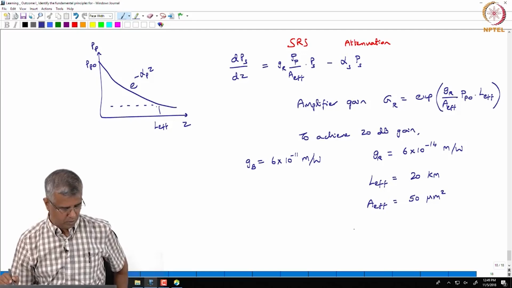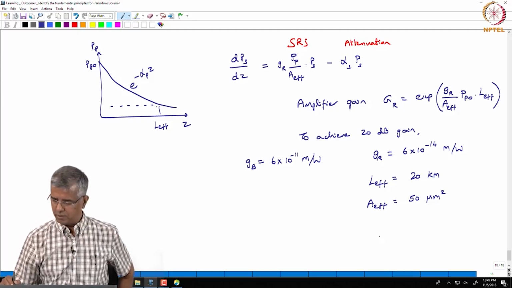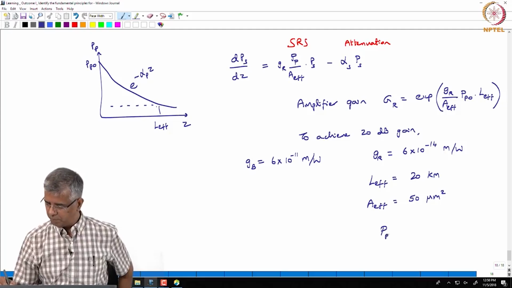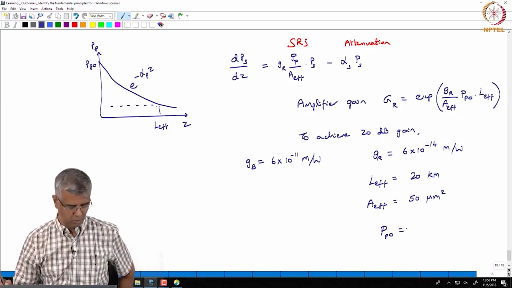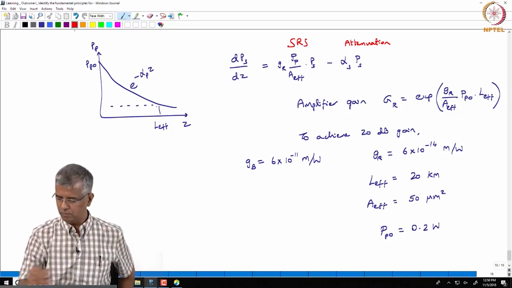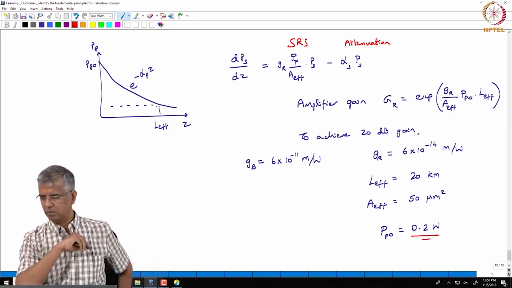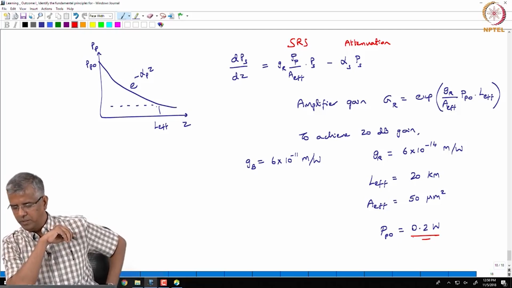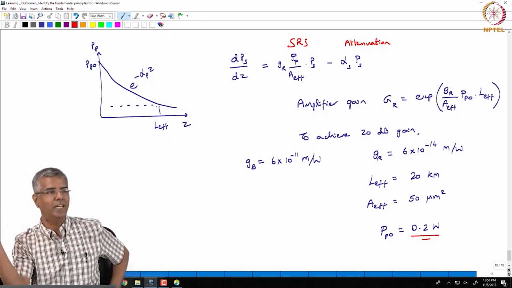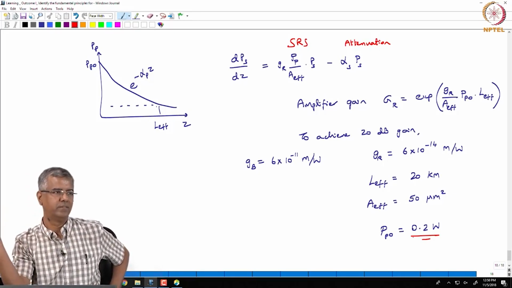If you put all of this together to achieve 20 dB gain, Pp0 would work out to be about 0.2 watts. You need about 200 milliwatts over a 20 kilometer long fiber.